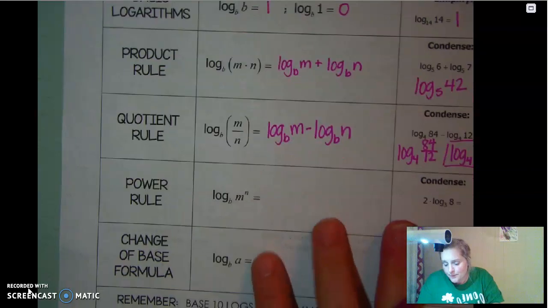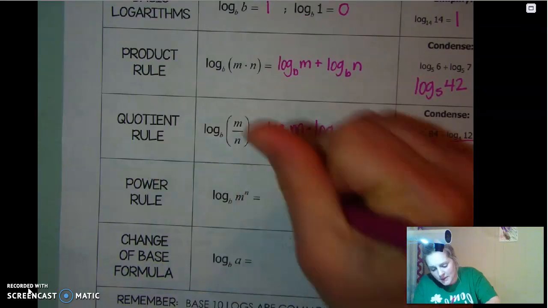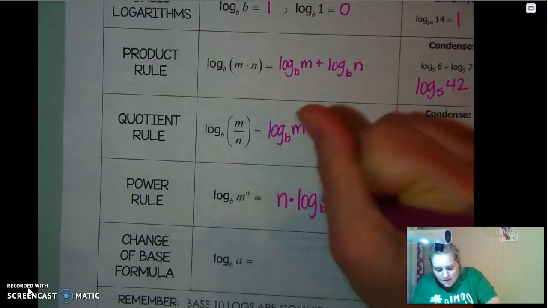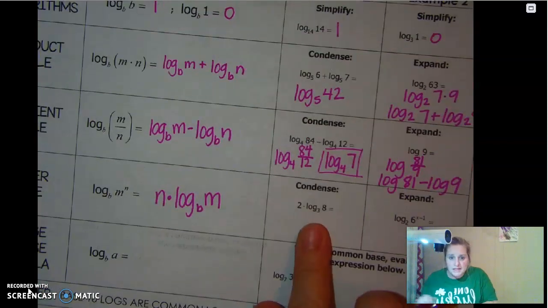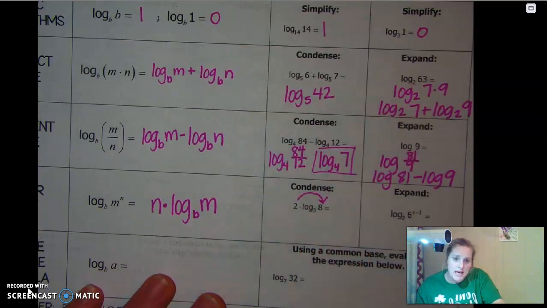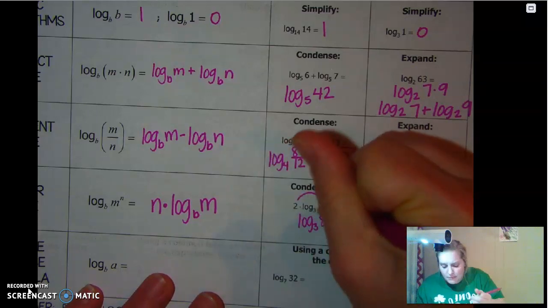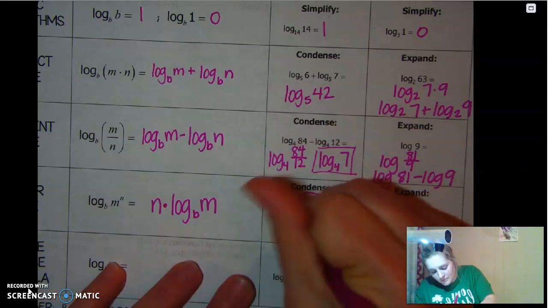The next one is your power rule. The power rule tells you to take the exponent and to put it in front. So we have n times log base b of m. If they want you to condense it, you take whatever's in front and apply it to the 8. That is an exponent, 8 to the second power. Log base 3 of 8 to the second power. 8 to the second power is 64, right?